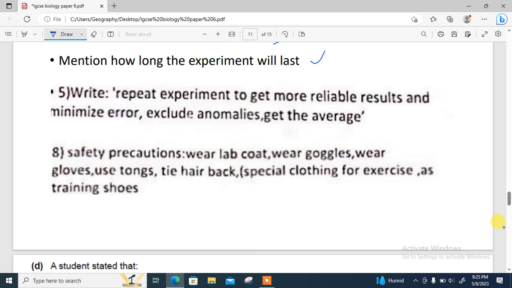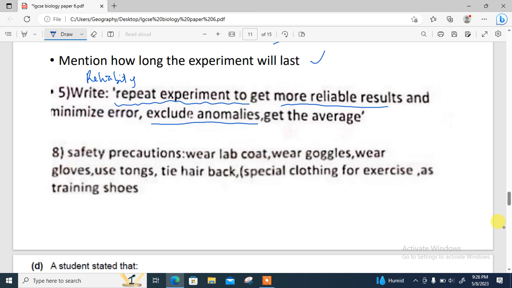Now, other important stuff that should be included in your 6 mark question is the reliability of your experiment. In that case, you should always try to say repeat the experiment to get more reliable results, repeat the experiment to get an average, repeat the experiment to exclude anomalies and minimize error.